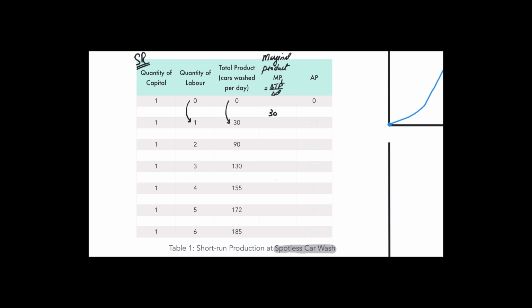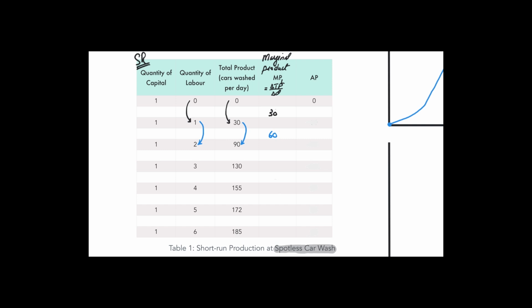So what he decides is, let's get one more person. And when he gets one more person, his total product goes from 30 to 90. What that means is that the second person was responsible for an addition of 60 cars. Now, why is that happening?